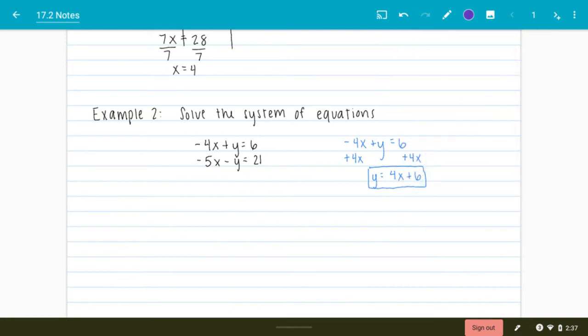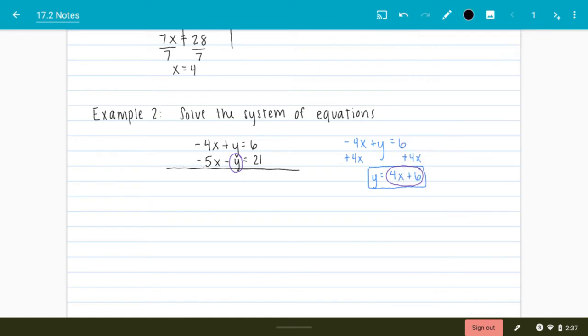So again, I know that y is 4x plus 6. So I'm going to plug it in for y in the other equation, making sure you're plugging it into the other equation. If we plugged it into the first equation, well, we can't plug it into itself. So we need to plug it into the other equation. So let's do that.